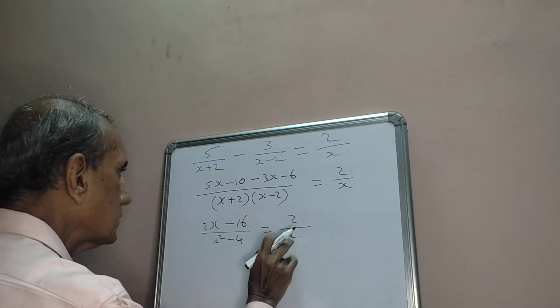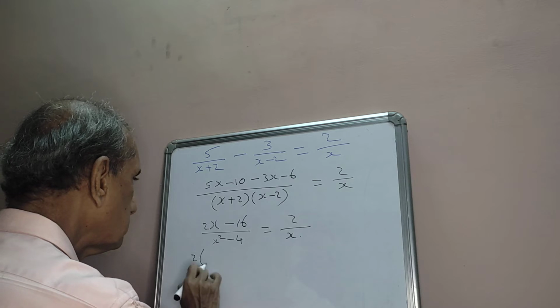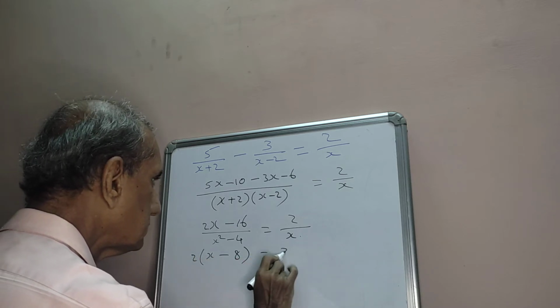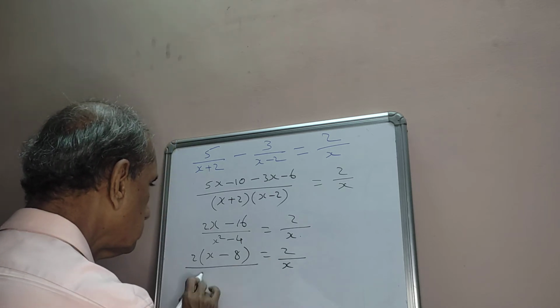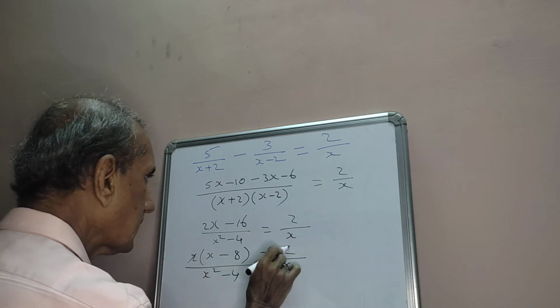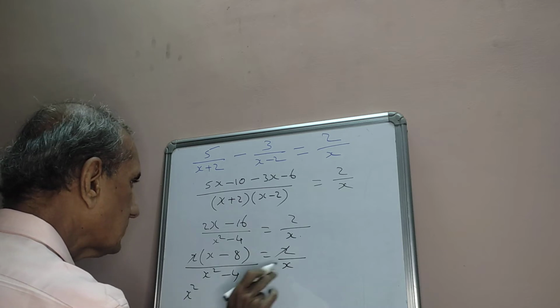Okay, so now I'll take 2 common. So my 2 and 2 get cancelled. What am I left with? Cross multiply.